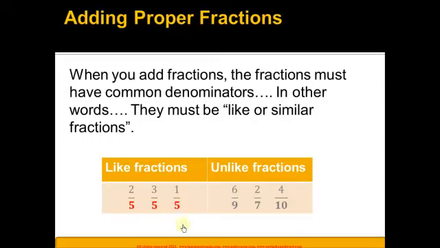If you look at the box on the right hand side, you'll see all of our unlike fractions, and here we have three fractions again. We have 6/9, 2/7, and 4/10, and notice that in these three examples, all of the denominators, or the numbers on the bottom part of the fractions, are different. So those are examples of unlike fractions.